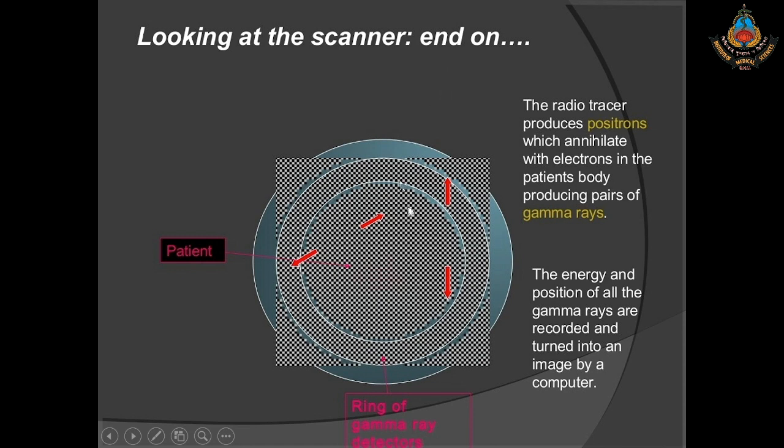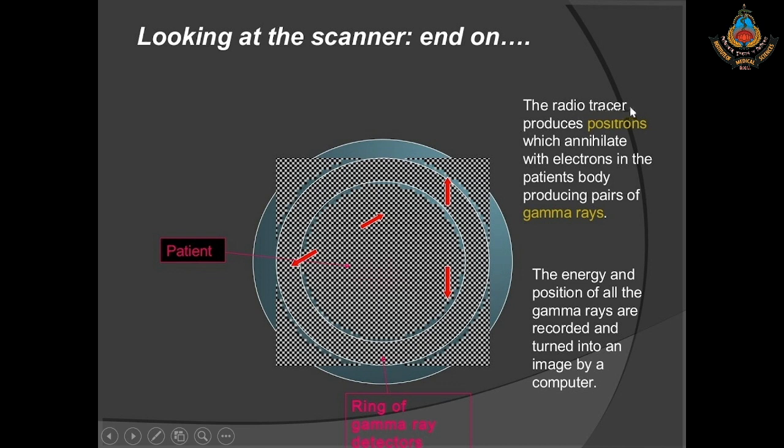Looking at this scanner, there is a patient's body, and when 18-FDG is injected inside the body, it produces gamma rays. These gamma rays are detected by the gamma detector camera, which is present on the ring.